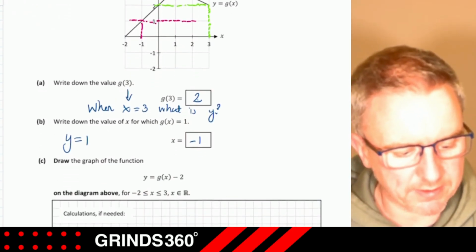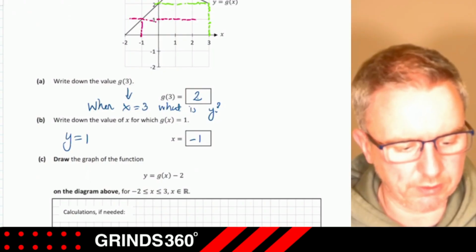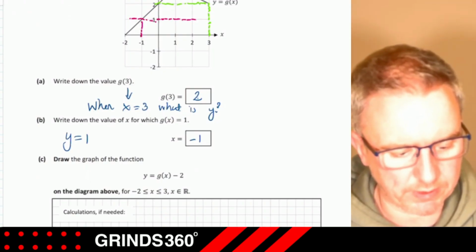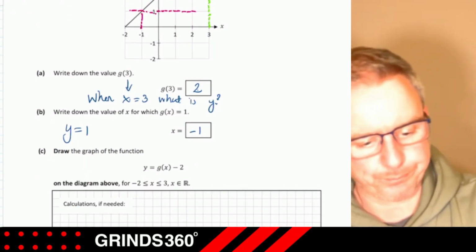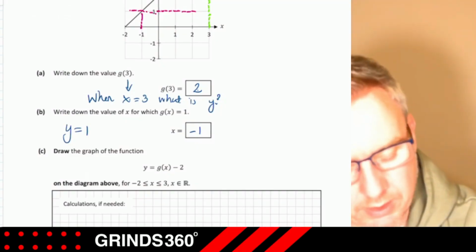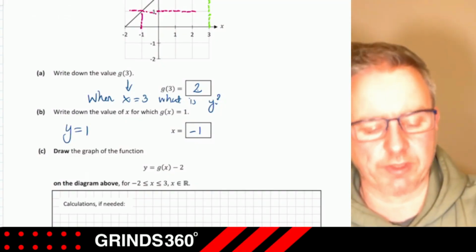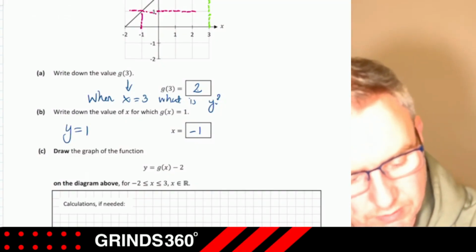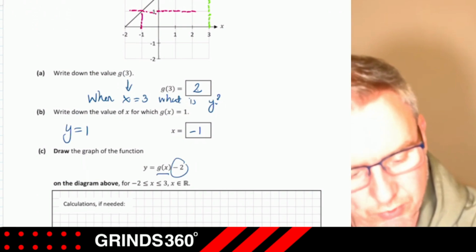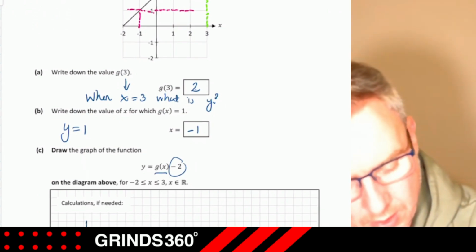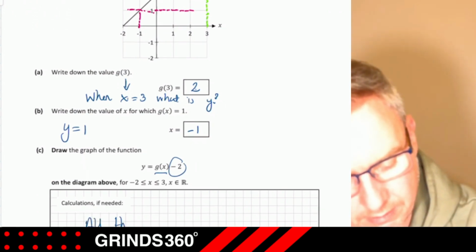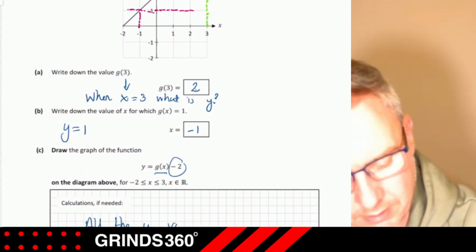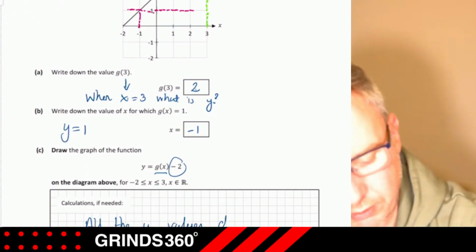And then it asks us to graph the function y equal to g of x minus 2. All right, now this is a translation of a function. So what it's doing is, if you take your function and you subtract 2, all the y values drop 2.